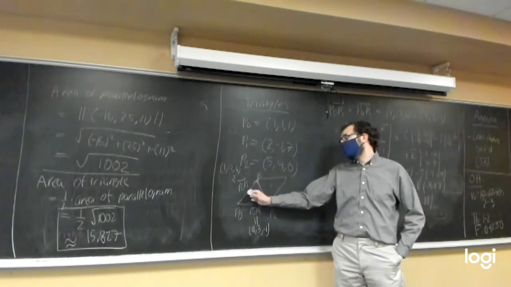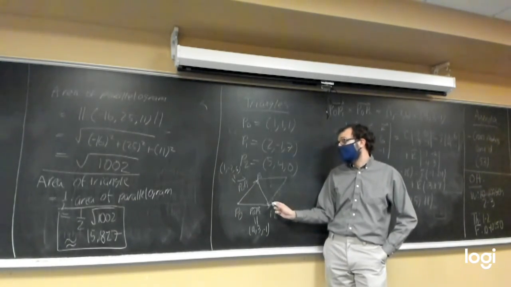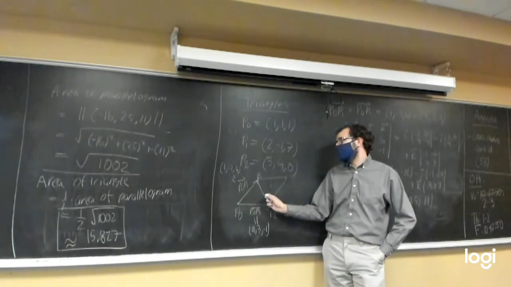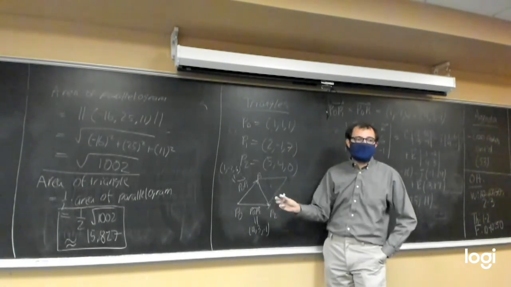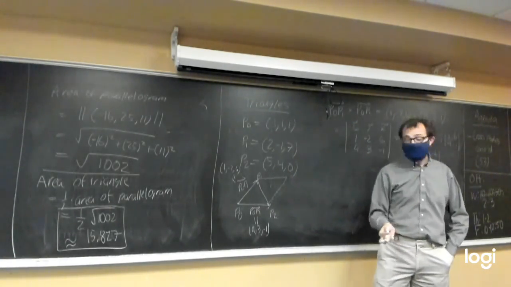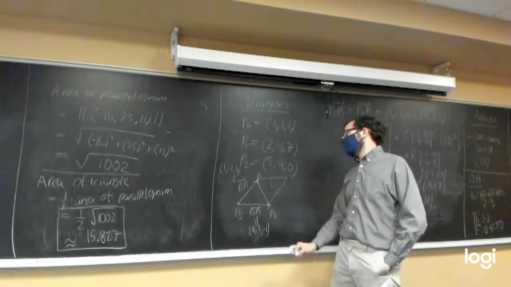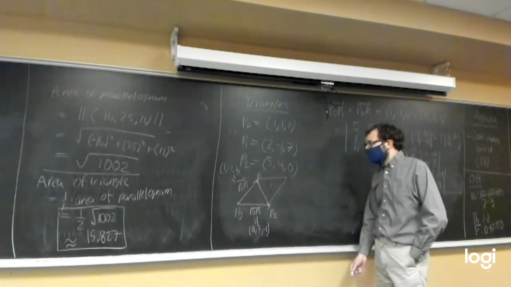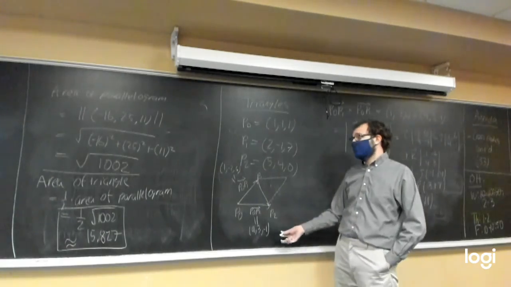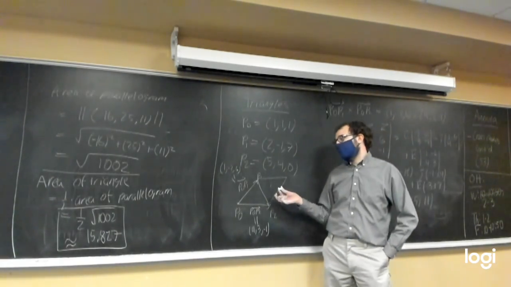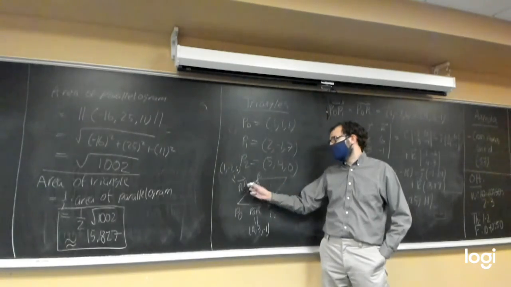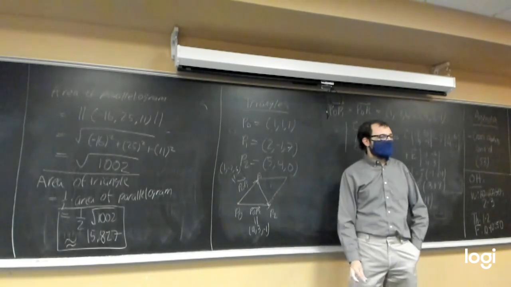So you could have done P1 to P naught and P1 to P2, or P2 to P naught and P2 to P1, but you couldn't do P naught to P1 and P1 to P2. That wouldn't work. So pick two displacement vectors starting at the same point. Take their cross product, which we did here. Take the magnitude of that cross product to find the area of the parallelogram, and then divide by 2 to get the area of the triangle.